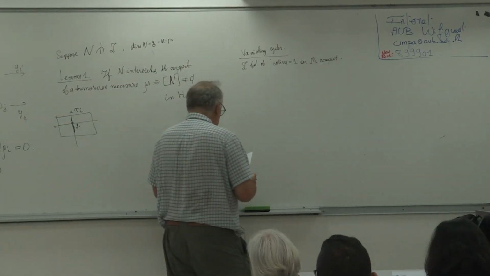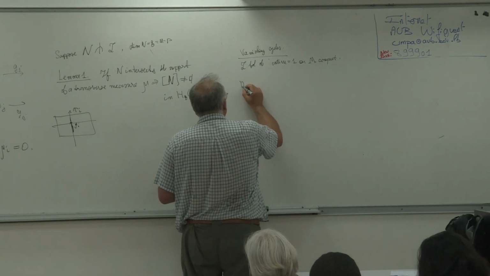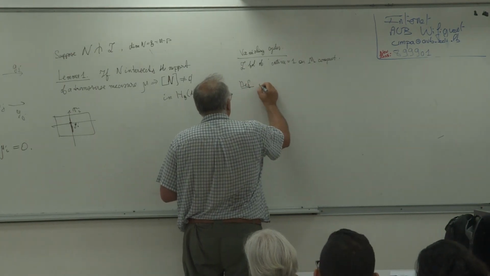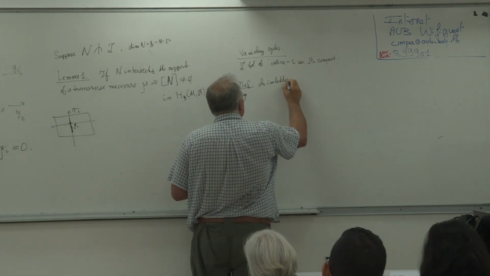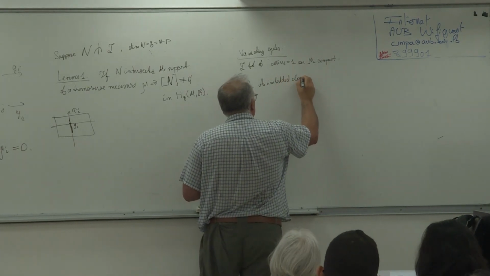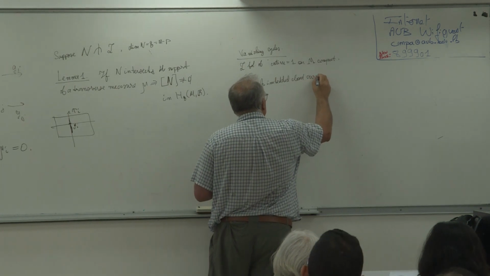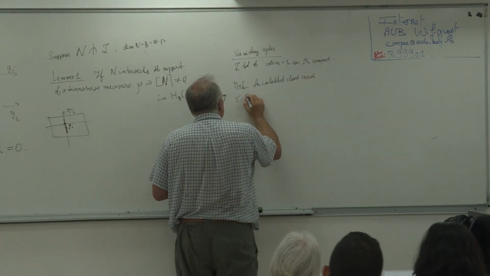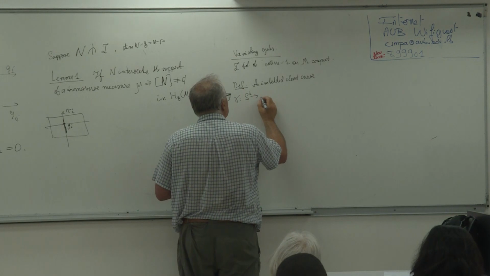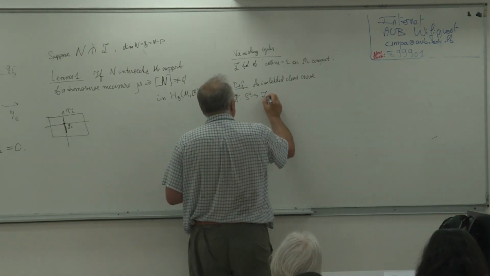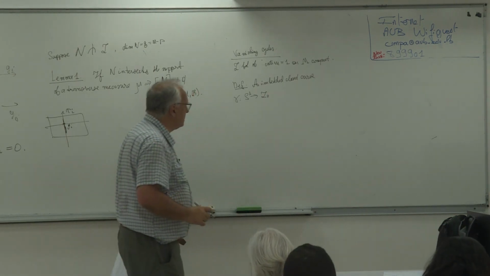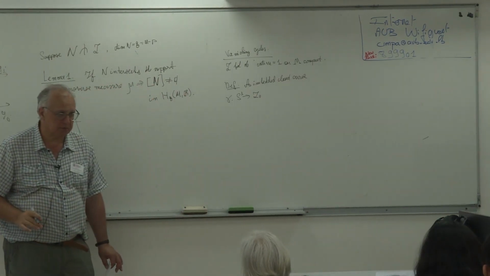So, definition: an embedded closed curve gamma from the unit circle to some leaf L0. So I let L0 be some leaf, not necessarily compact.